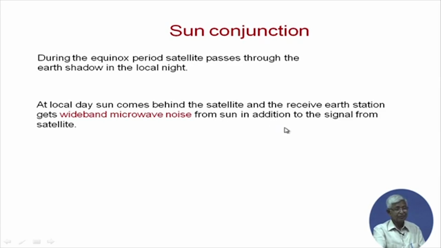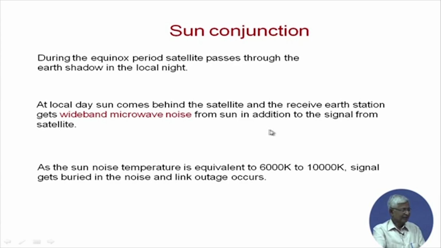So that noise will bury the signal. This sun noise temperature is roughly about 6000 K to 10,000 K, rough numbers. The signal gets buried in the noise.